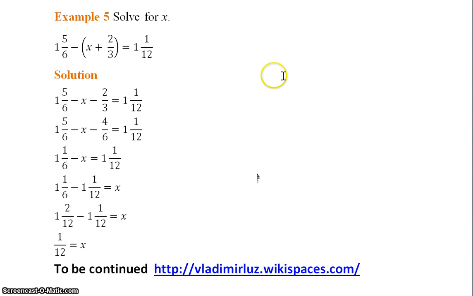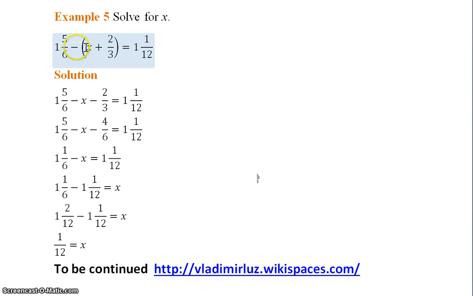Example 5. Solve for x. The equation contains fractions: 1 and 5/6 minus (x + 2/3) equals 1 and 1/12. The first thing we can do on the left side of the equation is to expand the brackets.